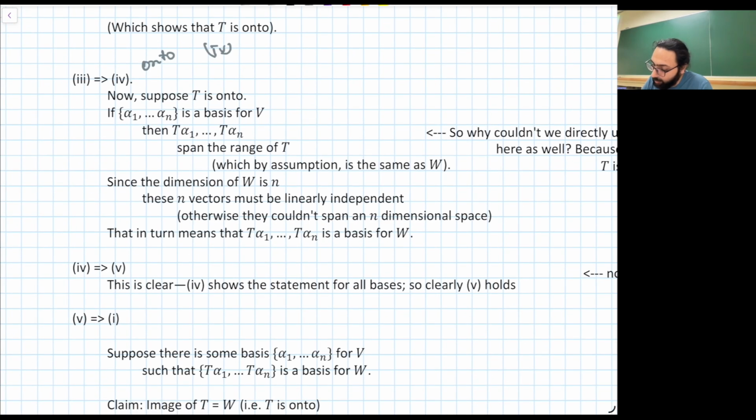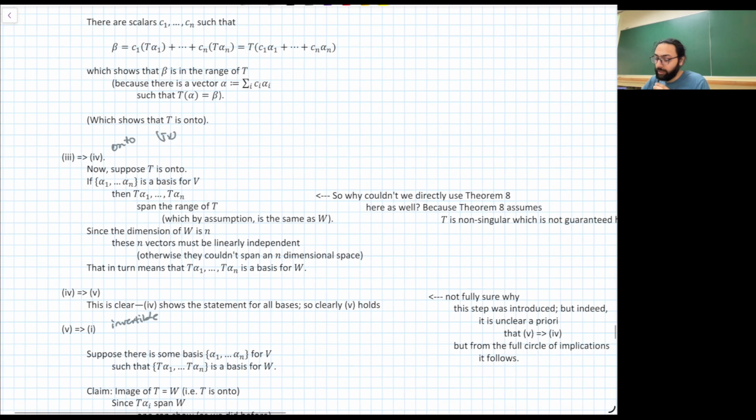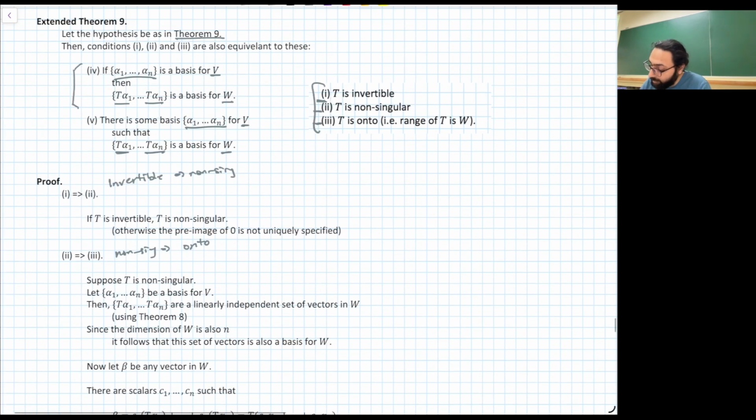And then 5 to 1 was invertible again, right? So then we've come full circle with the implications. That's sort of the strategy. So 1, 2, 3, 4, and 5, that's the order. We're going to show this implies like this, and then of course all of them are equivalent. Is that okay? All right.